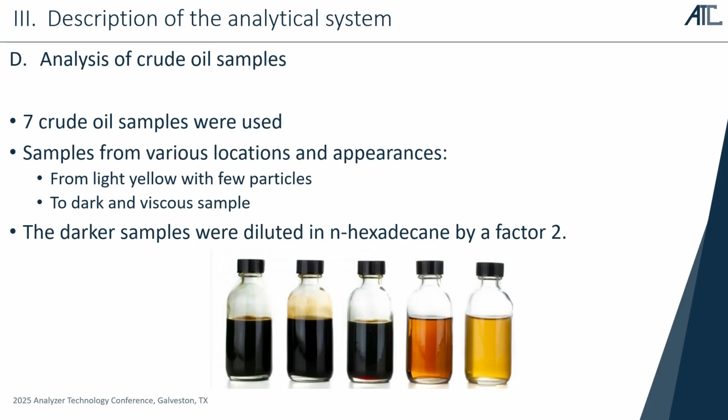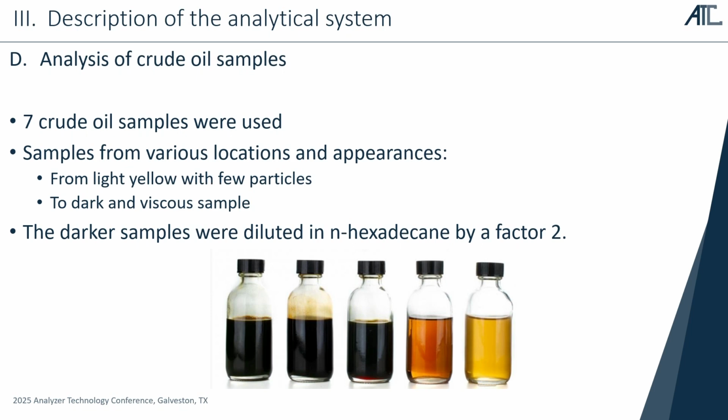We also analyze real crude oil samples, because that's the interest of the system, not only to analyze a clean and pure calibration standard. Real life is more difficult, and crude oil can have a very different composition depending on where it comes from.